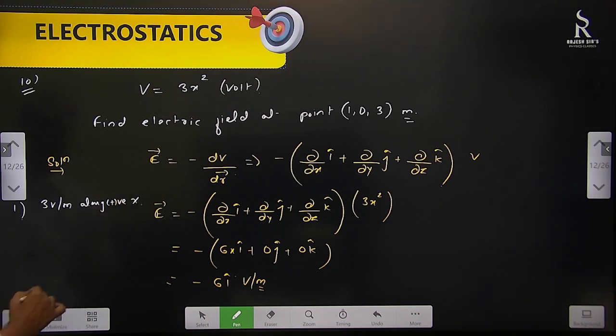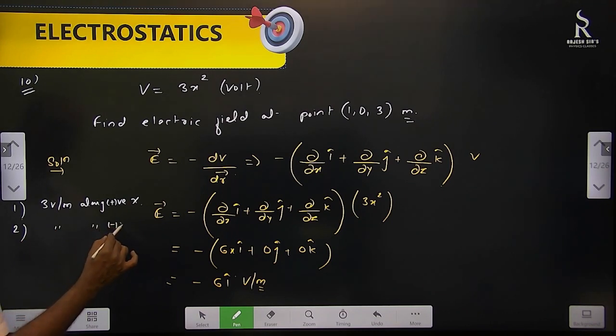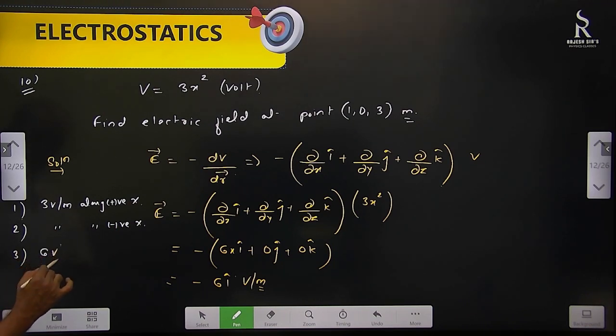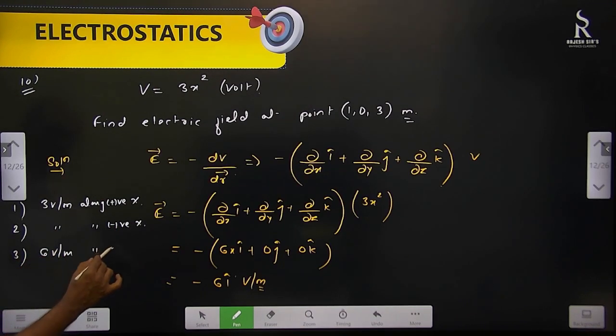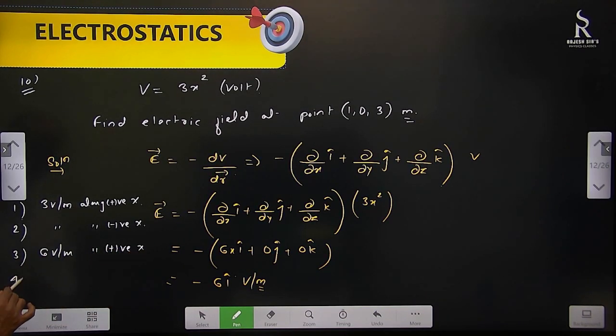Second: 3 volt per meter along negative x. Third option: 6 volt per meter along positive x. Fourth option: 6 volt per meter along negative x.